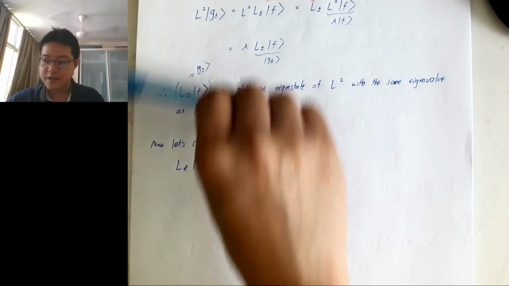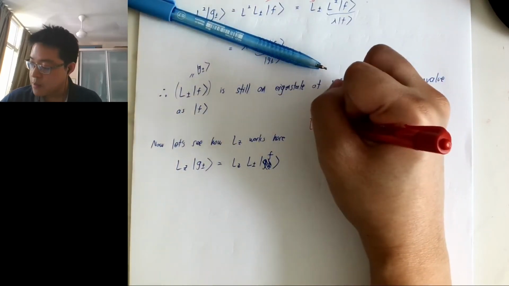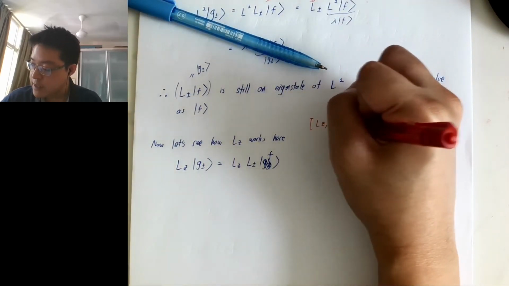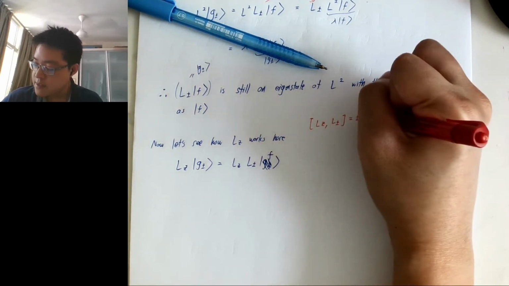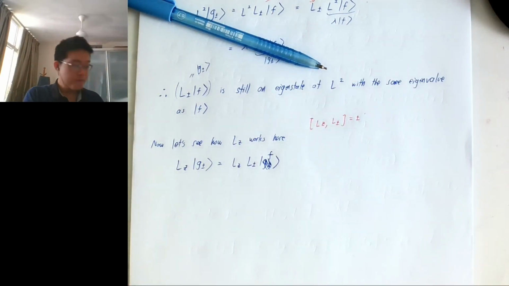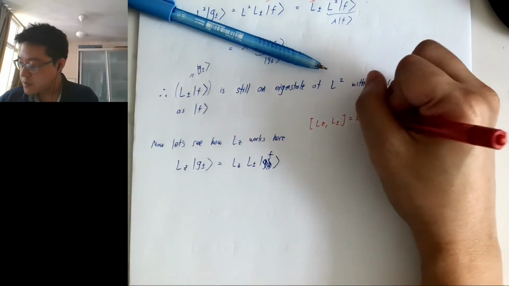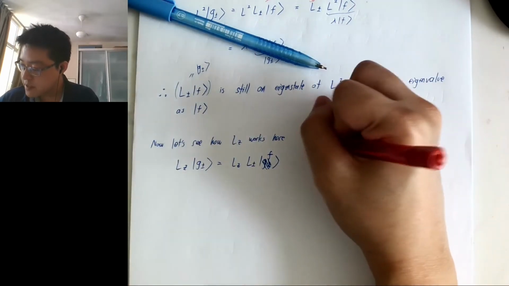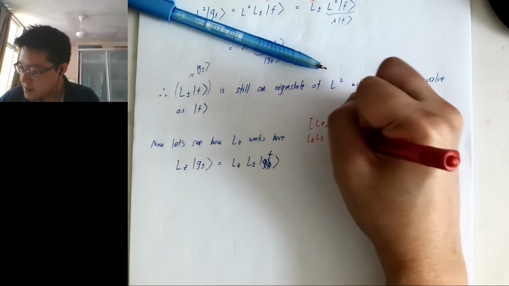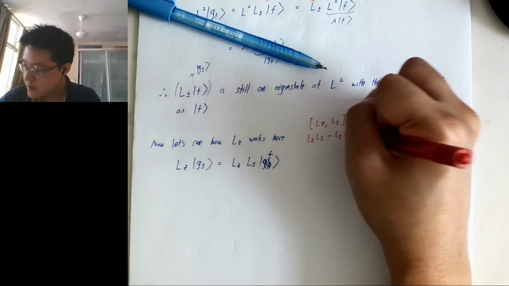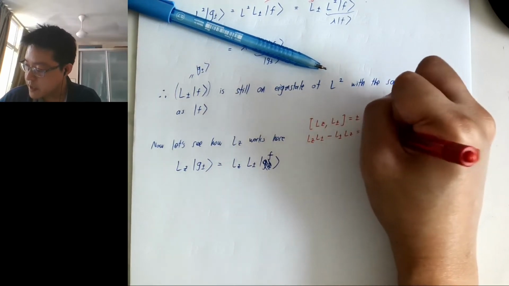So I need to use the commutator, because what we have found is that the commutator of Lz with L plus minus is plus minus h bar L plus minus. So this is Lz L plus minus minus L plus minus Lz equals plus minus h bar L plus minus.